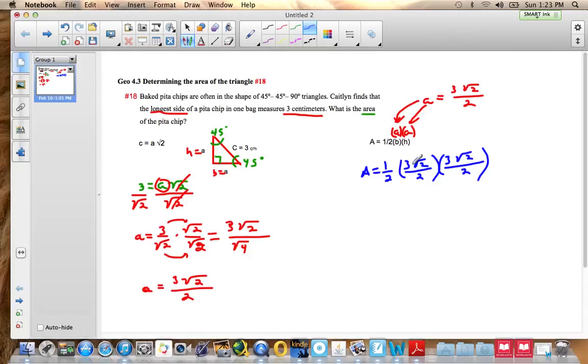And now I'm going to do all this in one step to show you how you can speed the process up. So 1 times 3 is 3, times 3 is 9, and then the square root of 2 times the square root of 2 is the square root of 4. And that is all going to be over 2 times 2 is 4, times 2 is 8.